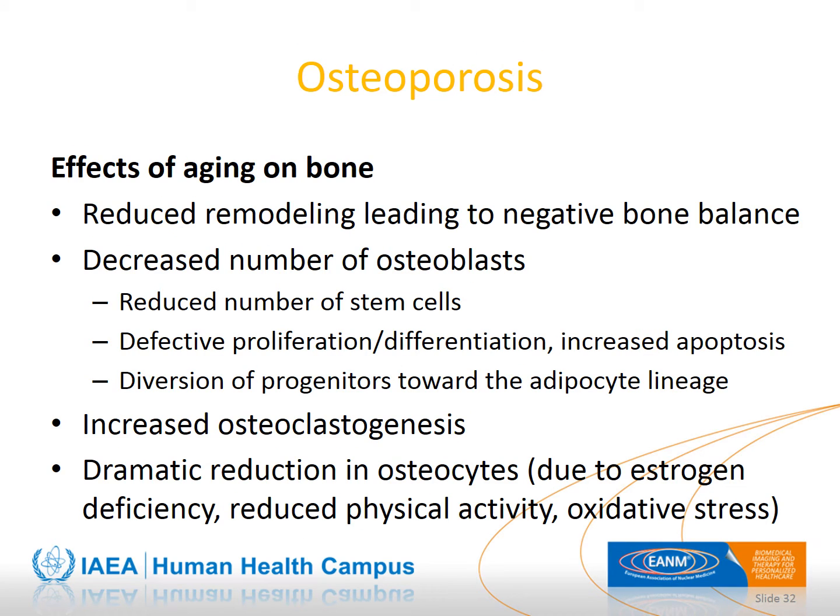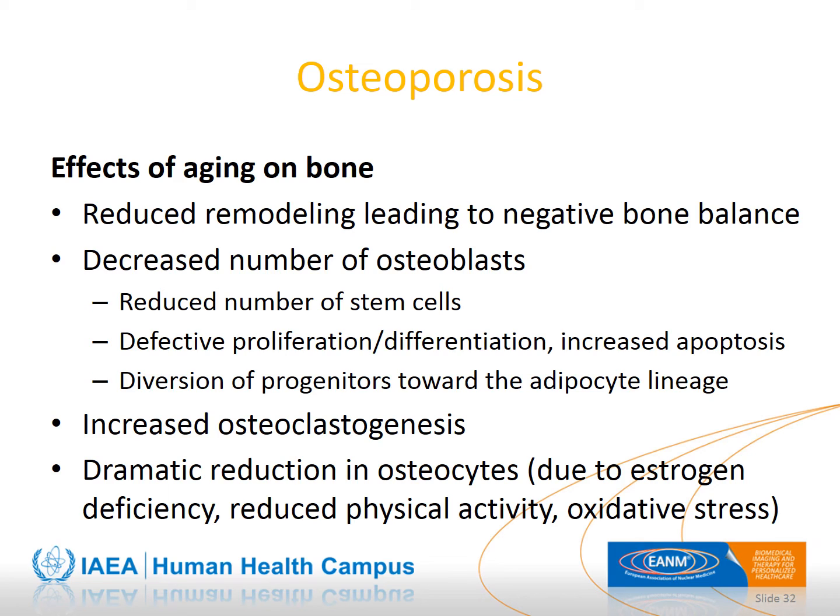The onset of osteoporosis is clearly linked with age, and the effects of aging on bone are dramatic. In summary, aging results in reduced remodeling, leading to a negative bone balance both in women and men. The number of osteoblasts will diminish as a result of lower stem cell numbers, defects in cell proliferation and differentiation, leading to increased apoptosis, and diversion of progenitor cells toward the adipocyte lineage.